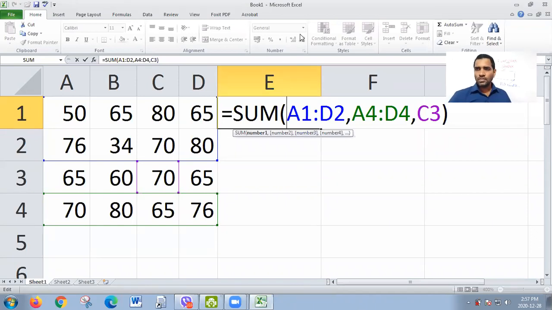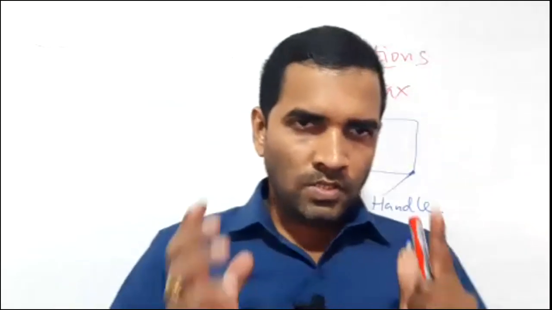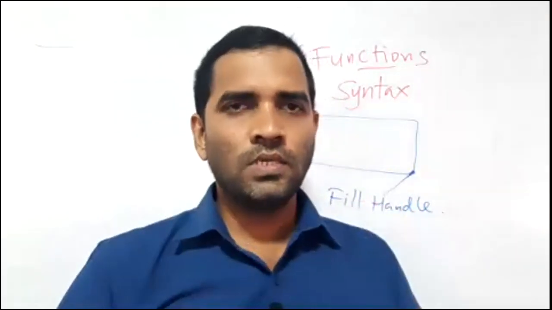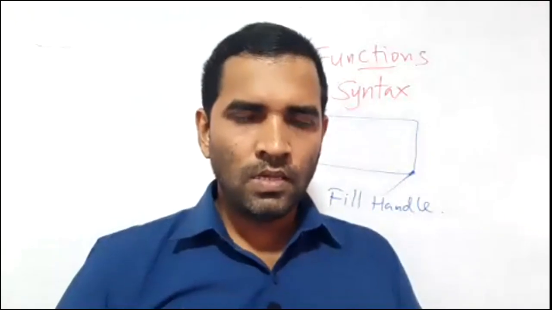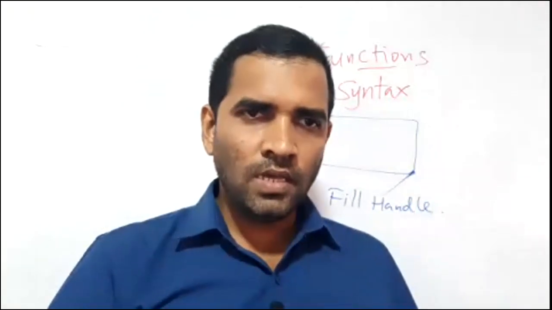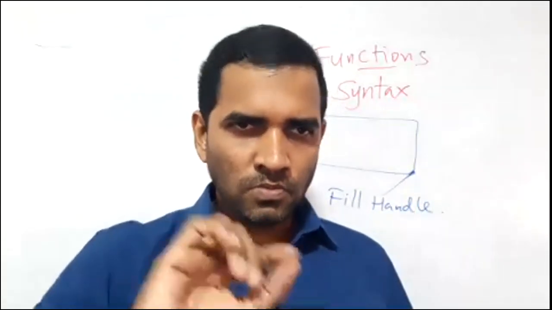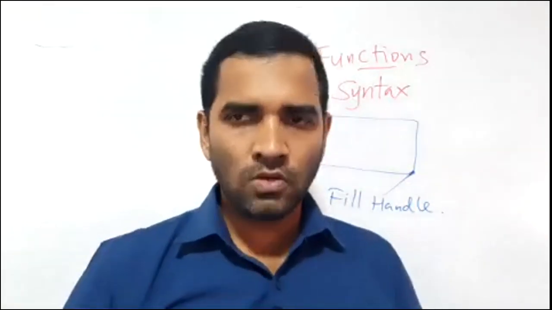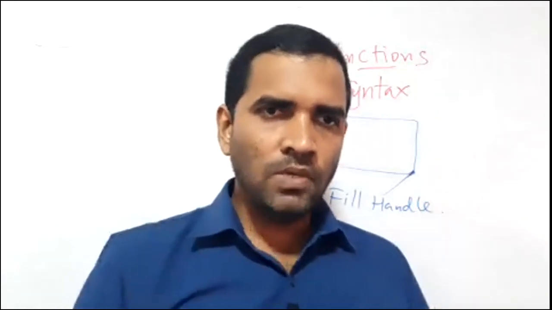So this is the sum function. We use the sum function for finding the total. The basic method is to give cell addresses separated by commas. That may be okay when your numbers are here and there.